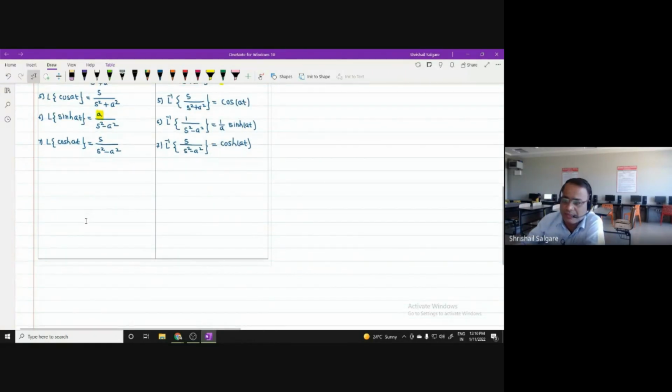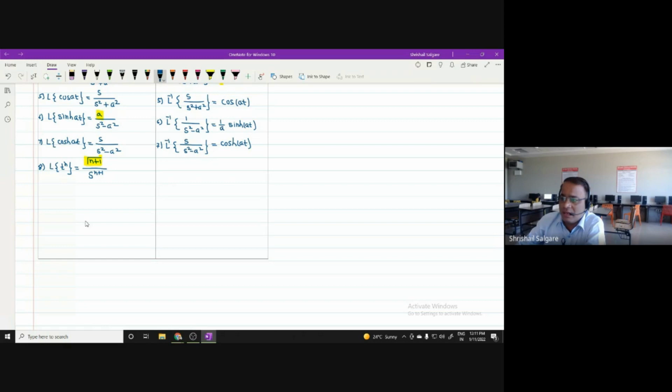Eighth one, I will advise, Laplace transform of t raised to n always write in terms of a gamma function. So Laplace transform of t raised to n is given by gamma of n plus 1 divided by s raised to n plus 1. Again, you can notice this gamma n plus 1 further we can write as n factorial if n is an integer. And that is a constant, that is why we can take it outside the operator.